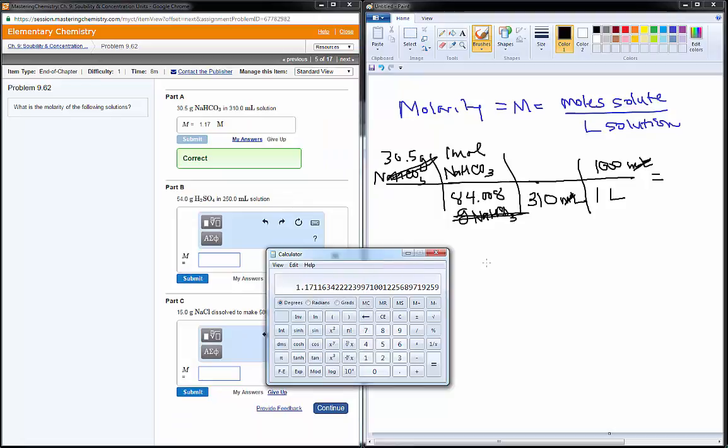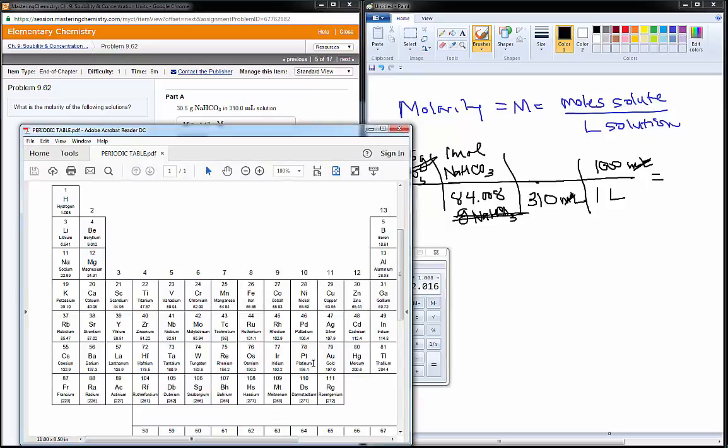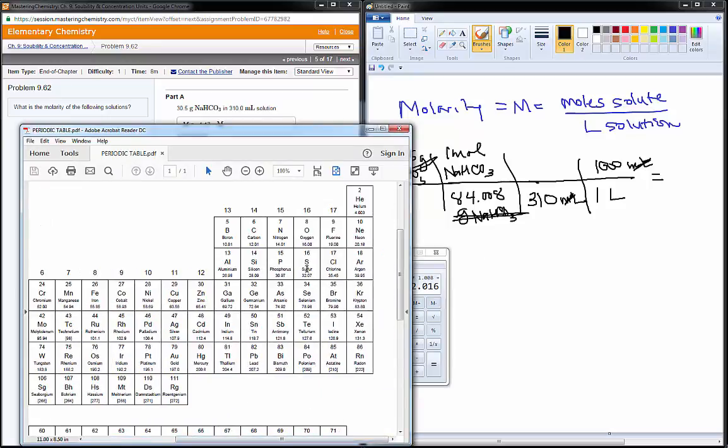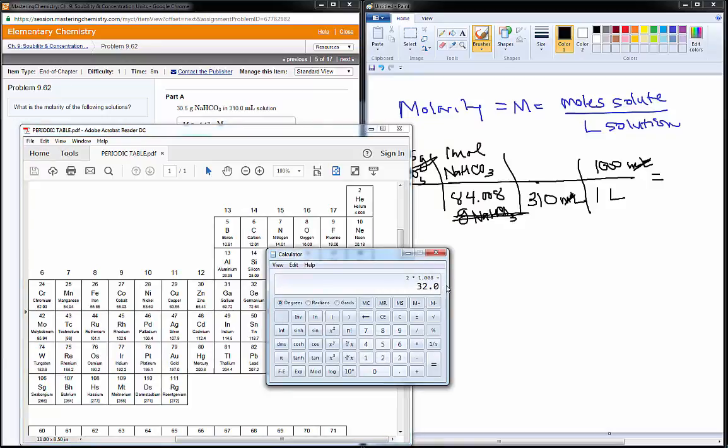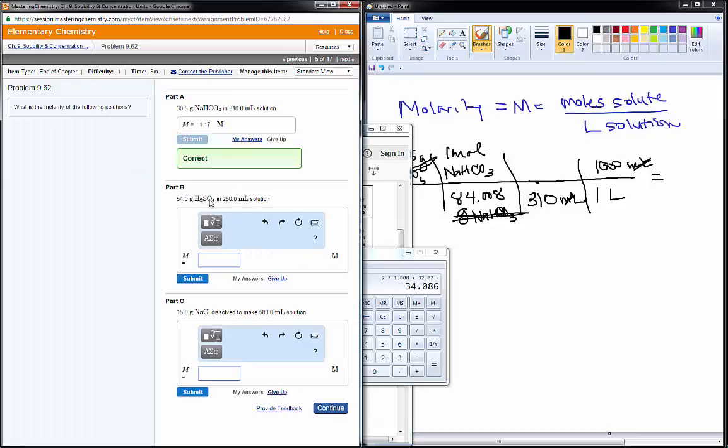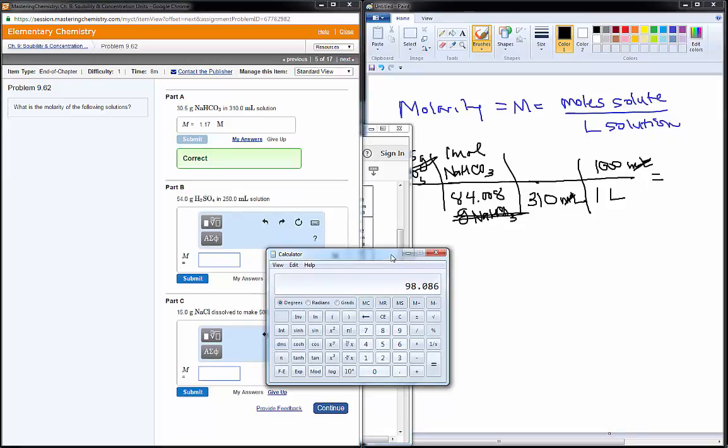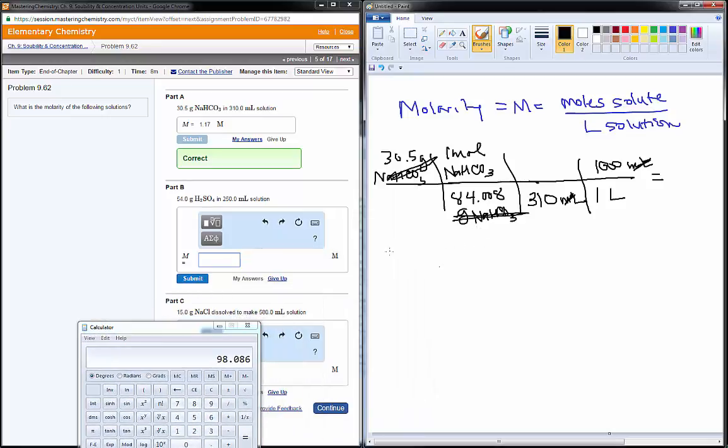Next we have H2SO4, that's 2 hydrogens plus a sulfur. Sulfur is 32.07 plus 4 oxygens gives me a molar mass of 98.086 grams per mole. So we can say 54 grams H2SO4, 98.086 grams H2SO4 in 1 mole H2SO4.